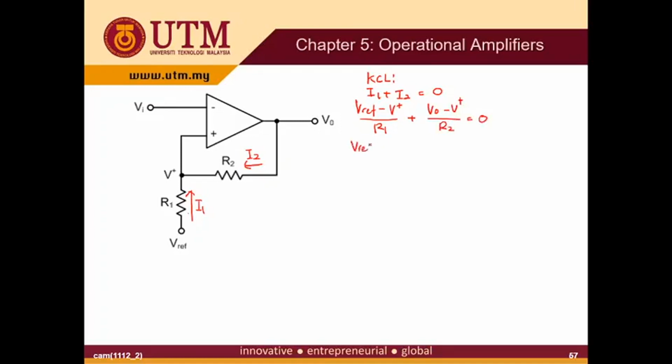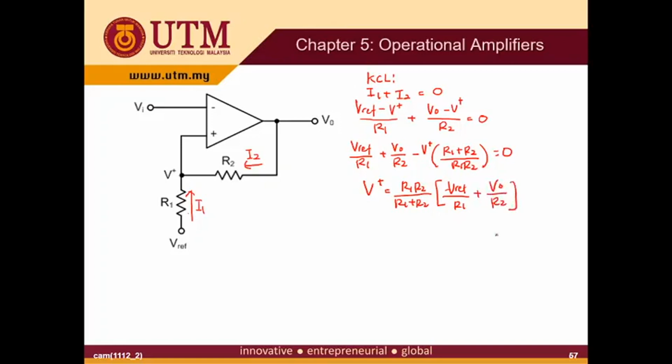So you get V reference over R1 plus V out over R2, minus V plus times (R1 plus R2) over R1 R2, equal to 0. At the end, V plus equals R1 R2 over (R1 plus R2) times (V reference over R1 plus V out over R2). This is the equation of your V plus.